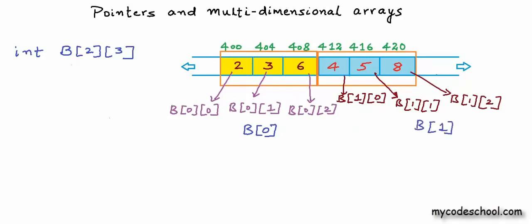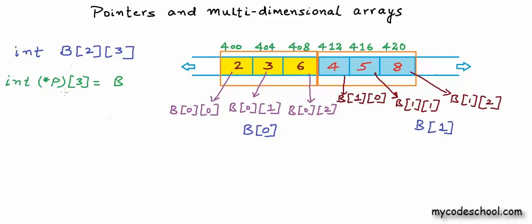As we had seen in our previous lesson, when we just use the array name, it returns us a pointer to the first element of the array. Here B is a two-dimensional array. It is an array of one-dimensional arrays of size 3. So B will basically return us a pointer to a one-dimensional array of 3 integers.